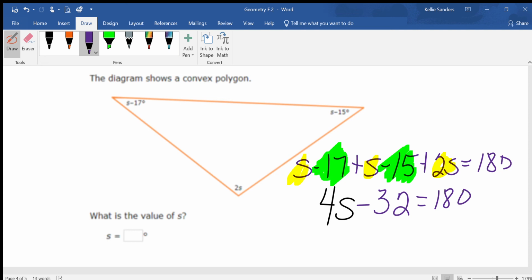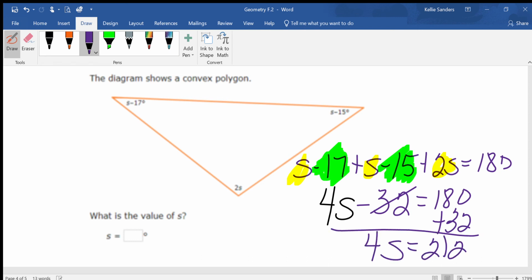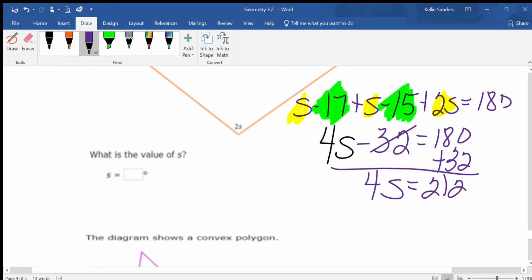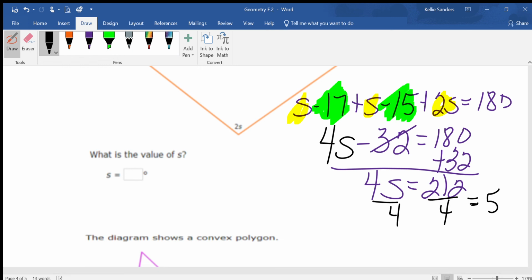The 32 is negative right now, so we will add it. Divide by 4, and get 53. S equals 53.